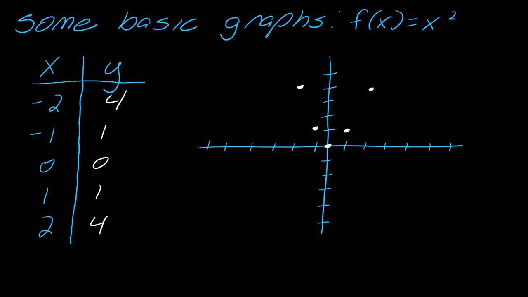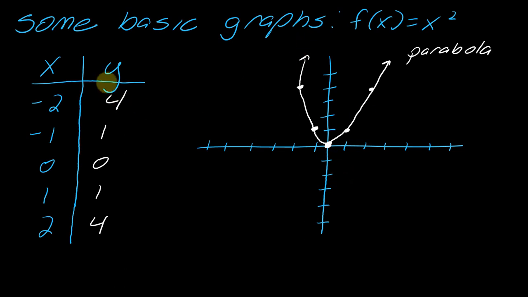Okay, so what makes x squared what it is is this parabola shape. So we might want to just note that this is a parabola. And here's my philosophy of graphing in general.